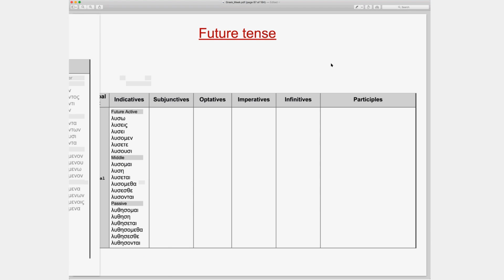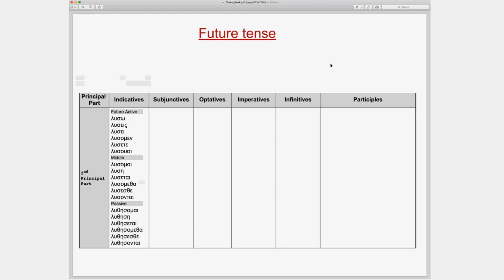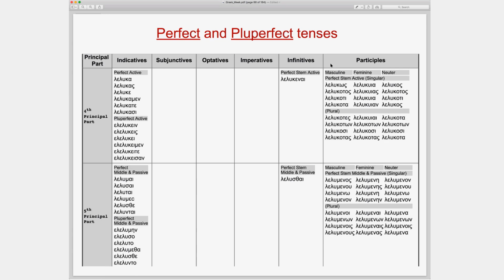Okay, then there's the future tense, luso, and so on. The perfect and pluperfect tenses, I put them together. Leluka, and elelukein. Okay, remember, perfect means something completed.